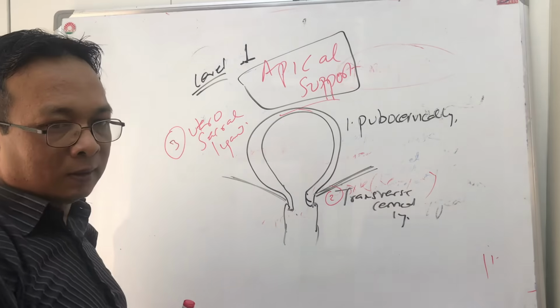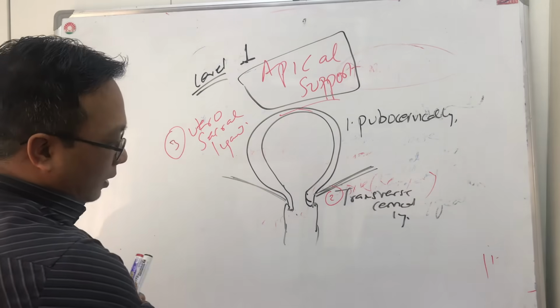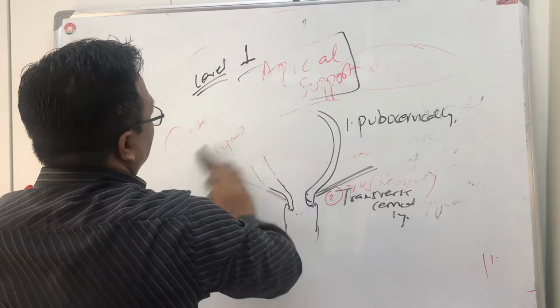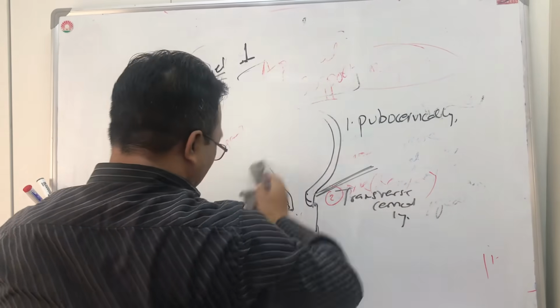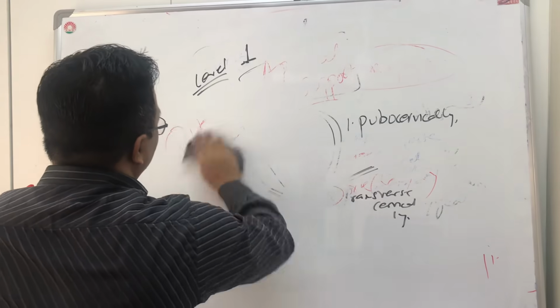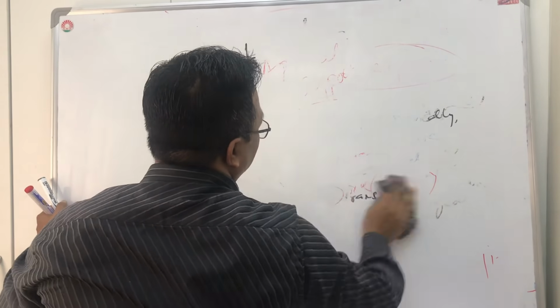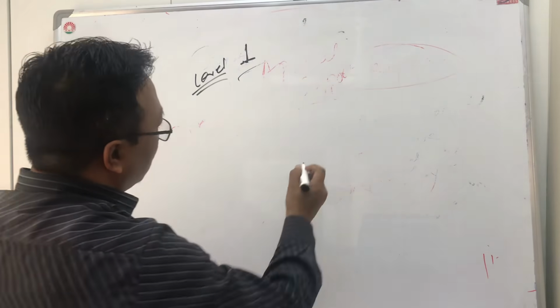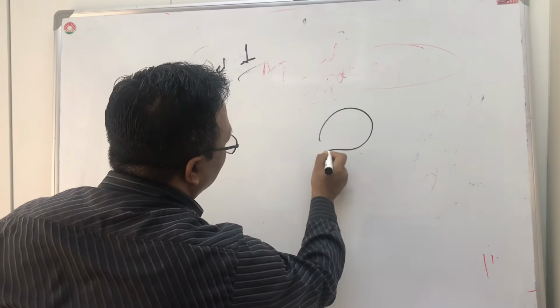So what is the level 2 support? I know that this is a little bit complicated, but you should know if you have to treat any patient of prolapse, which is not so uncommon. So this is the bladder.